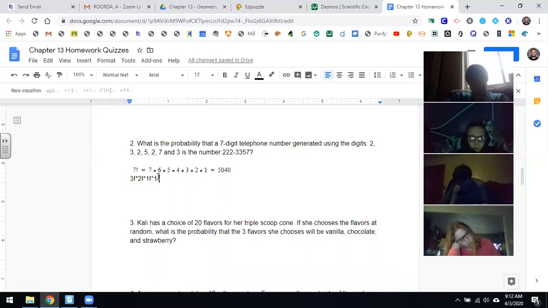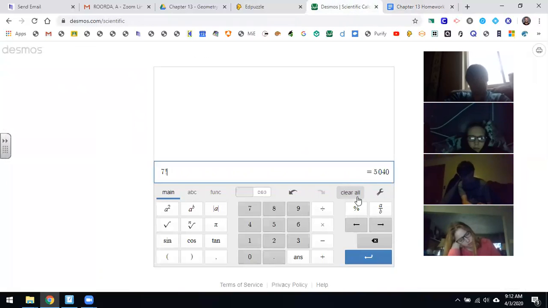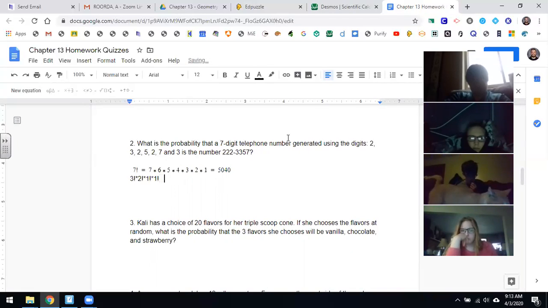So if I multiply all these together, 3 factorial times 2 factorial times 1 factorial times 1 factorial is 12, right? And so what we're going to do to figure out the probability is divide 5,040 by 12.